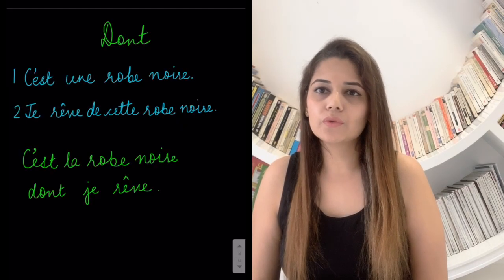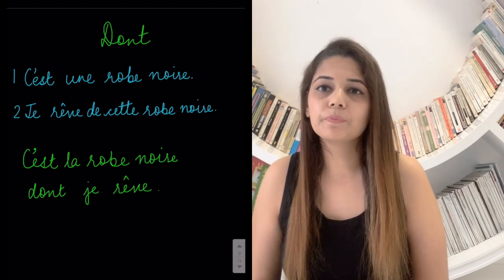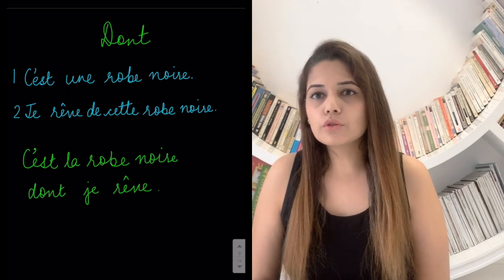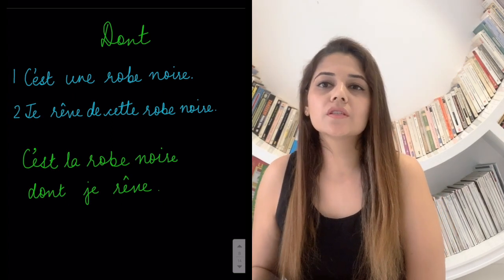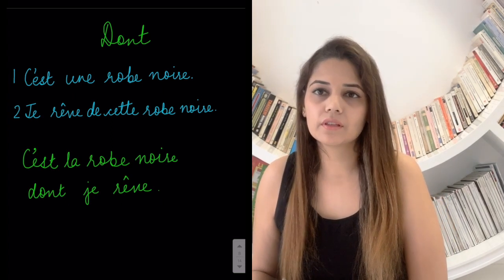Let's begin with le pronom relatif donc. Donc, which is a pronom relatif, is used to replace an antécédent in a sentence. An antécédent is a word or a group of words, and I'm sure you must have dealt with these terms in English already. And donc is also used to connect this antécédent with la proposition subordonnée relative.